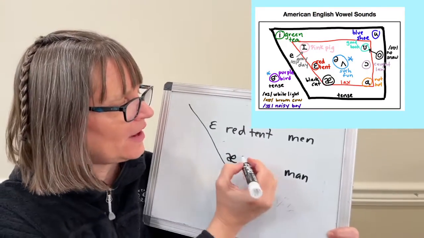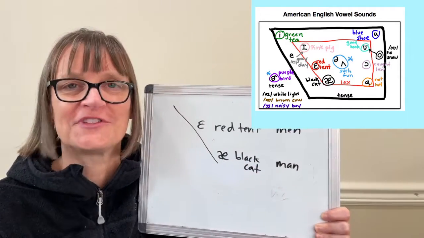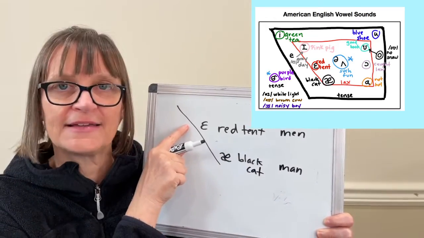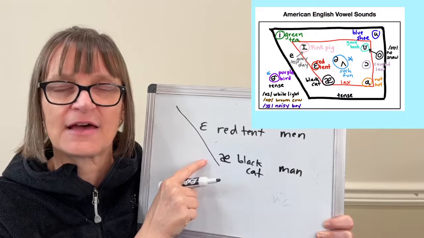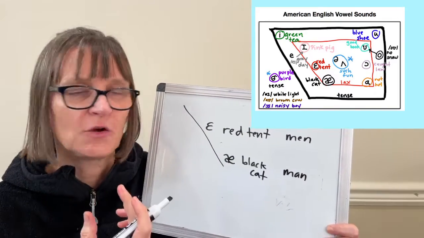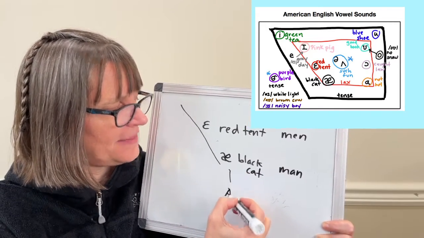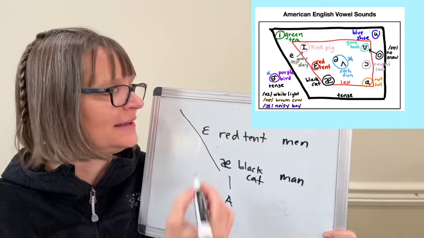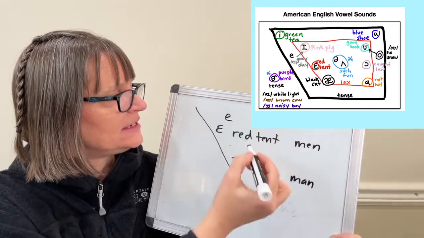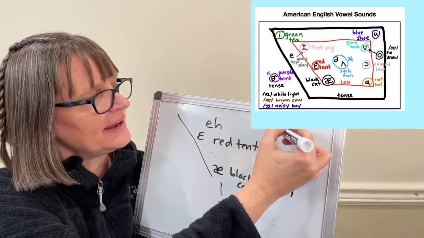Our a vowel, like in black cat, those are the anchor words that I use for those. So again, the symbol for the sound and the a sound. Typically when I'm writing these, if I'm respelling a word, for example, I will use a for a. That's the most common way we spell it. And I will use e, or sometimes eh, for the e vowel, I'll write it as ee.